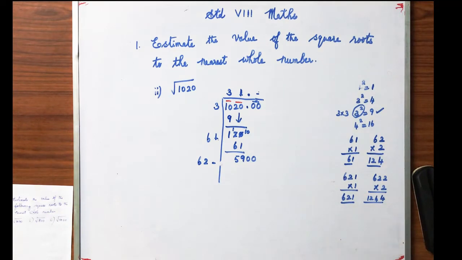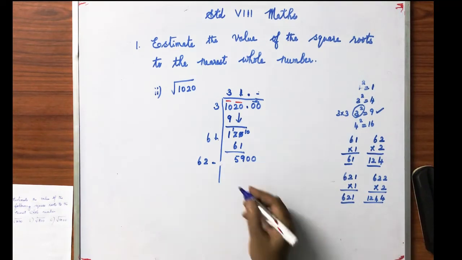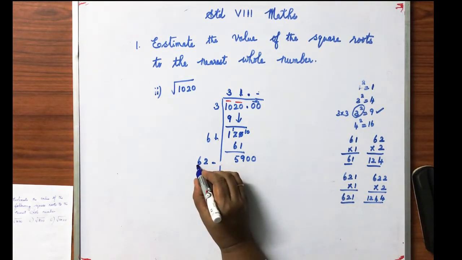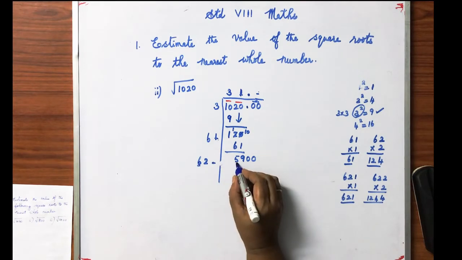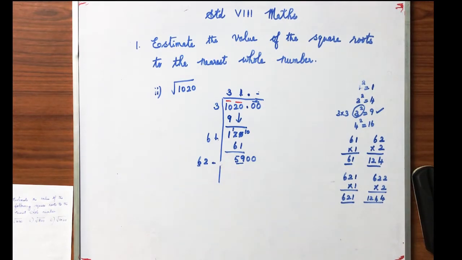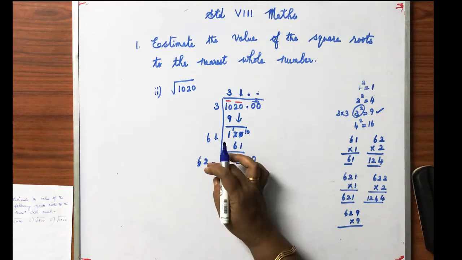So we have to try all the other numbers. Easy way is find out the number 6 here and here we are having 59. How many times we will get? 9 6s are 54. So first we will try with 9 now. So 629 into 9. If the number is bigger, we have to go for 8.